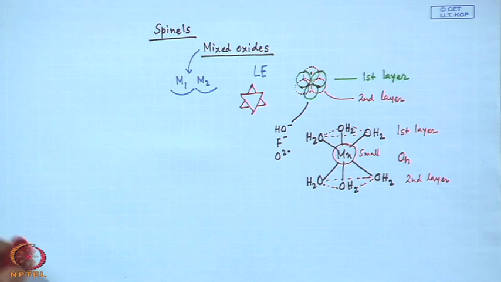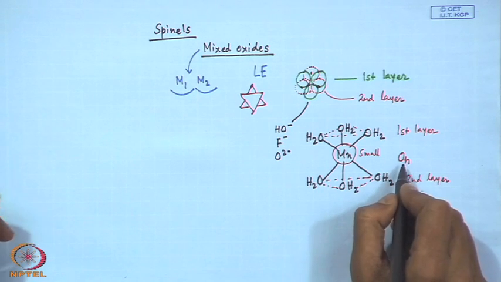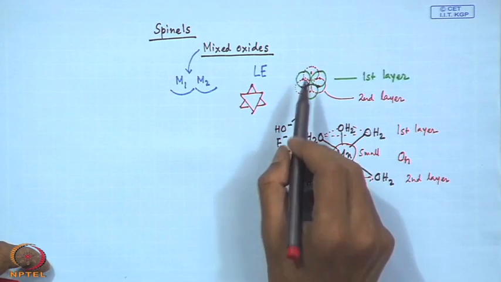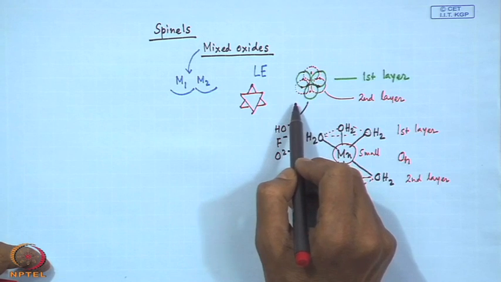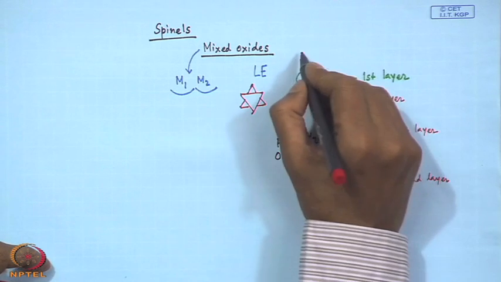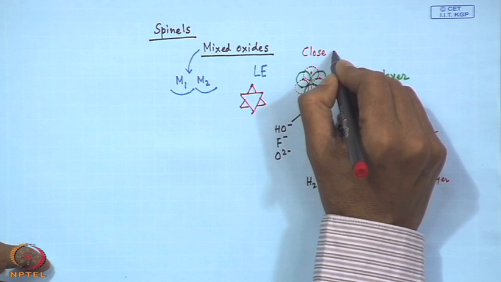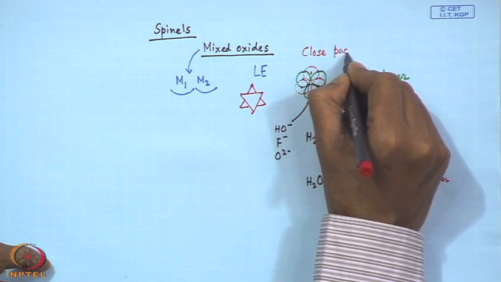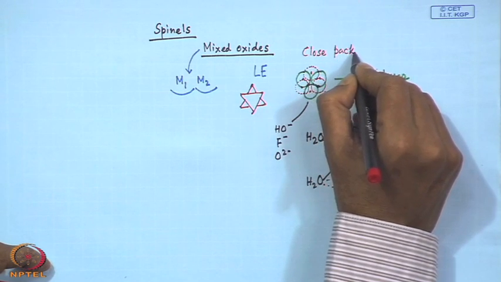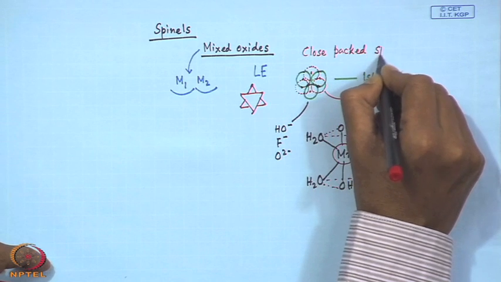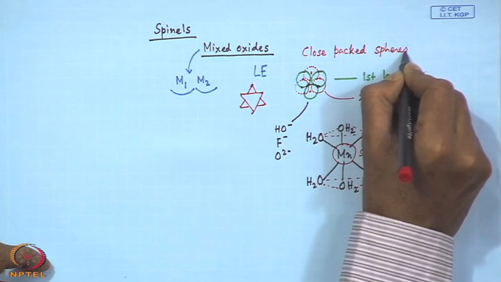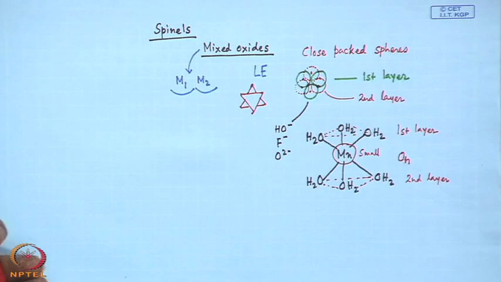In this octahedral geometry, the same geometry we can have if we have a close packing of spheres, close packed spheres in the solid state.